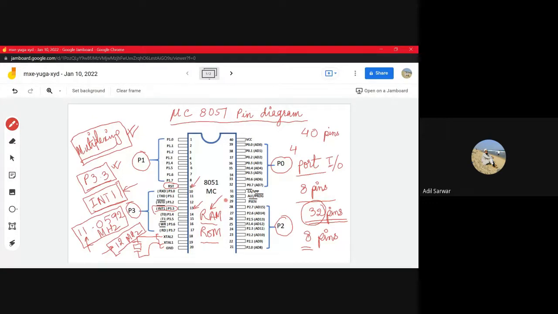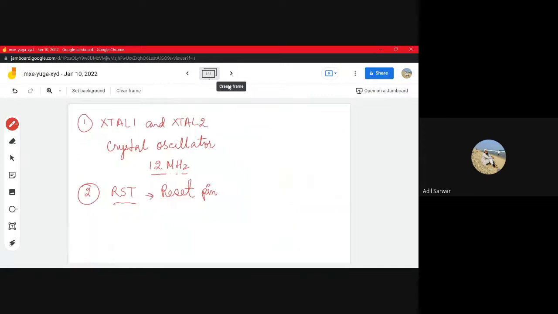Okay, but the things that are in ROM, which is the program, remain. So RAM is reset, and there is an SFR, special function register, called the program counter, and its value becomes 0000H.